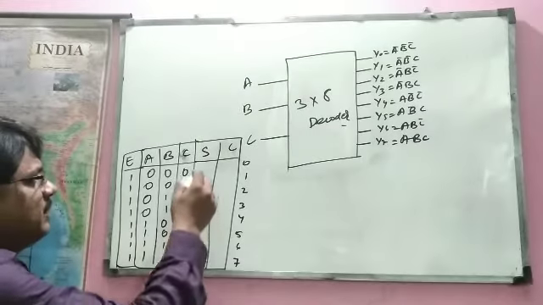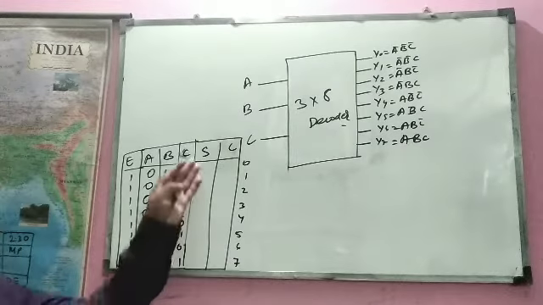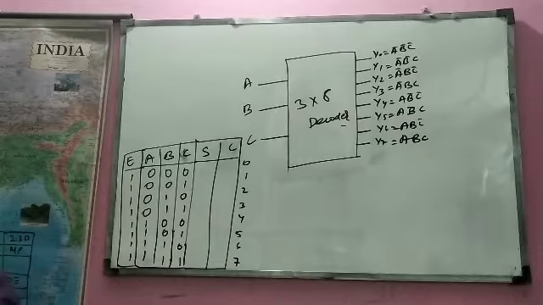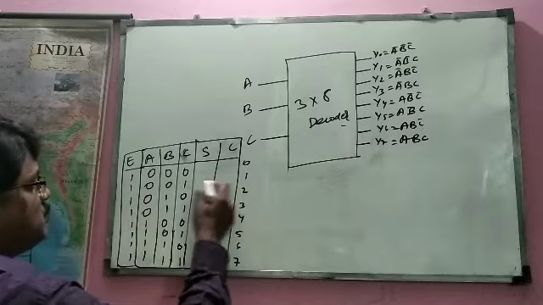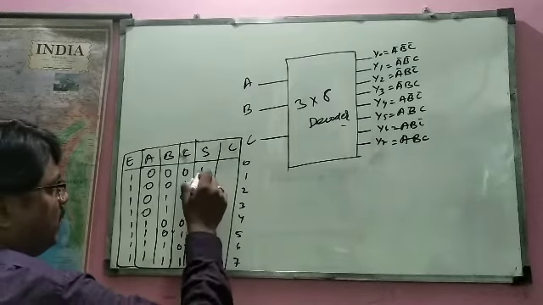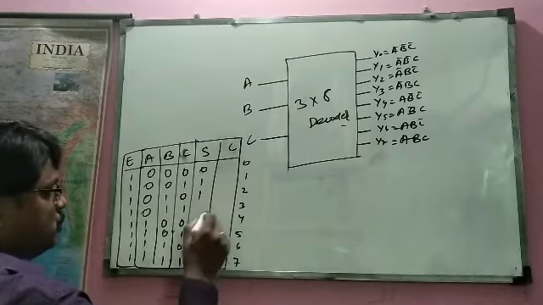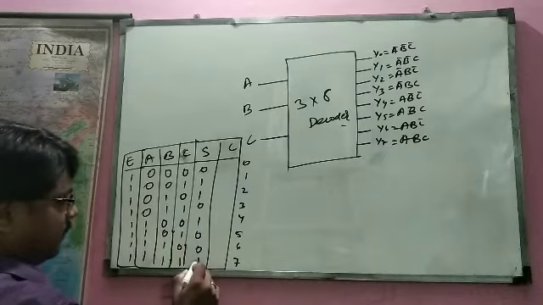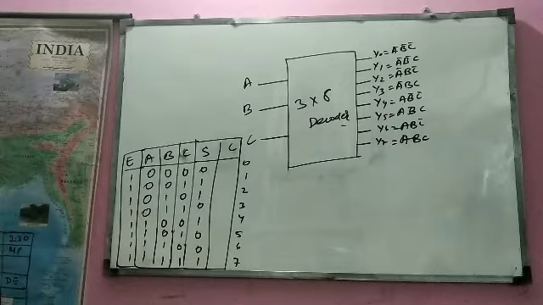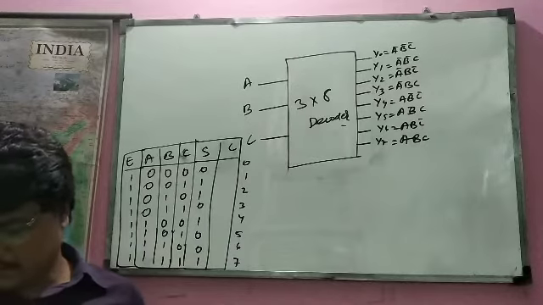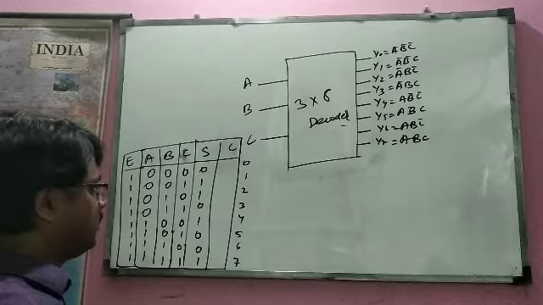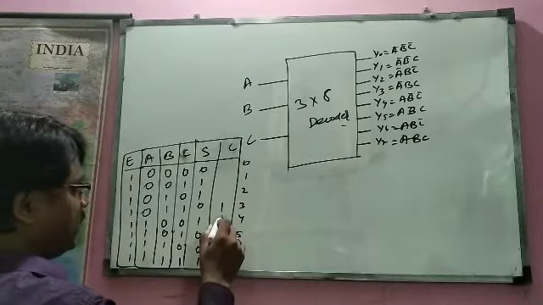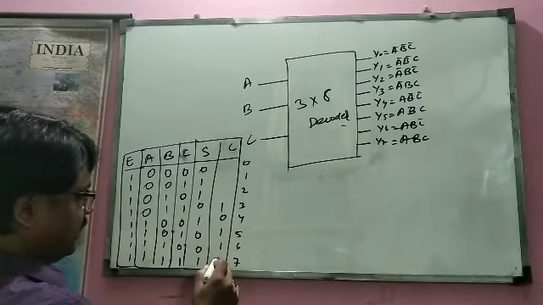S was 1 at 1, 2, 4 and 7. And carry was 1 at 3, 5, 6 and 7.